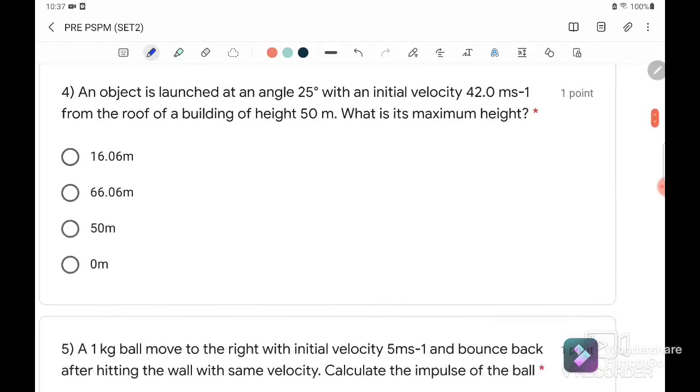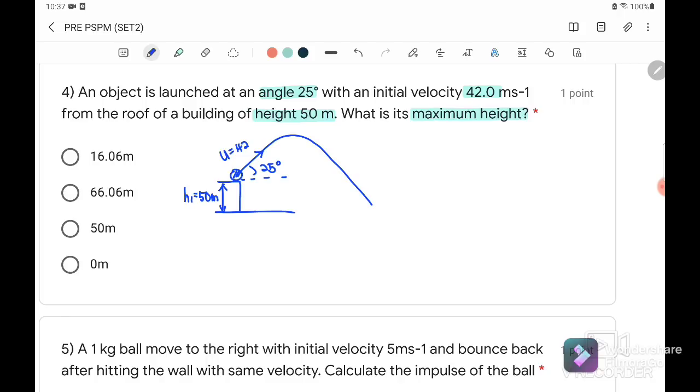Question number 4. An object is launched at an angle of 25 degrees with an initial velocity of 42 meters per second from the roof of a building of height 50 meters. What is the maximum height? The building height H1 is 50 meters. The object is launched at 25 degrees with initial velocity 42 meters per second.